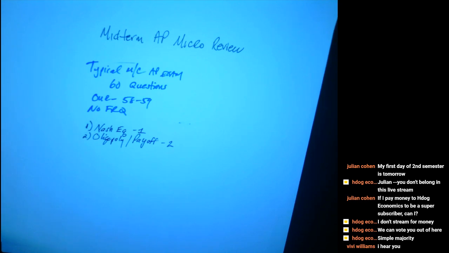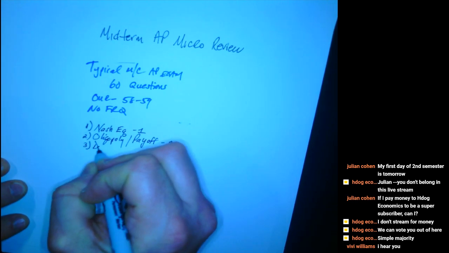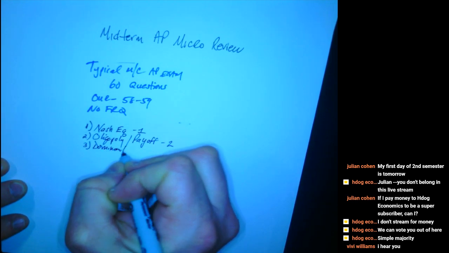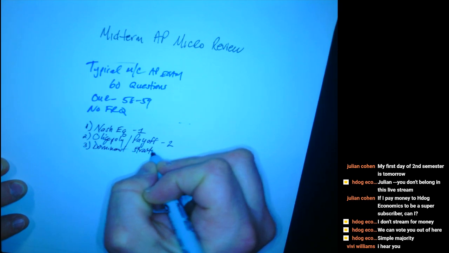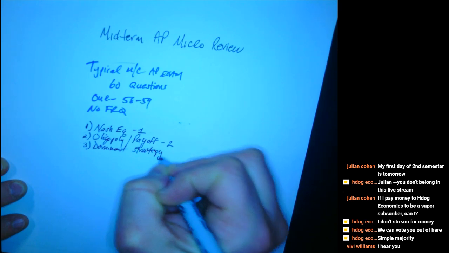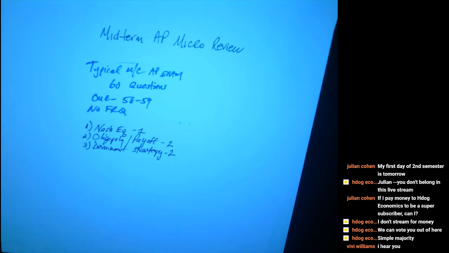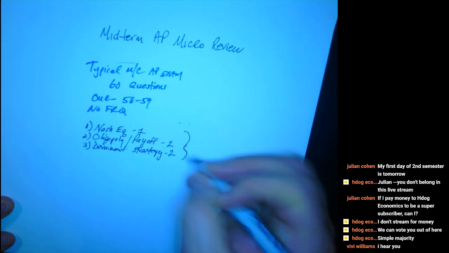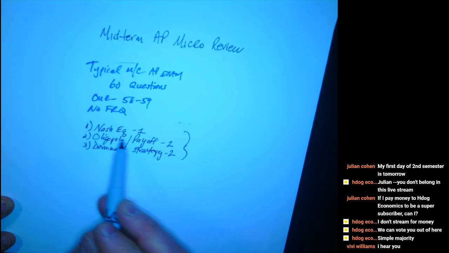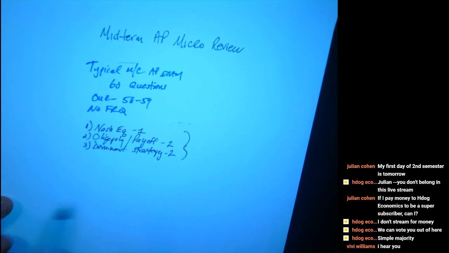There are 2 questions on dominant strategy. So far you sort of group these together: Nash equilibrium, oligopoly, payoff, dominant strategy. 5 multiple choice questions right there.